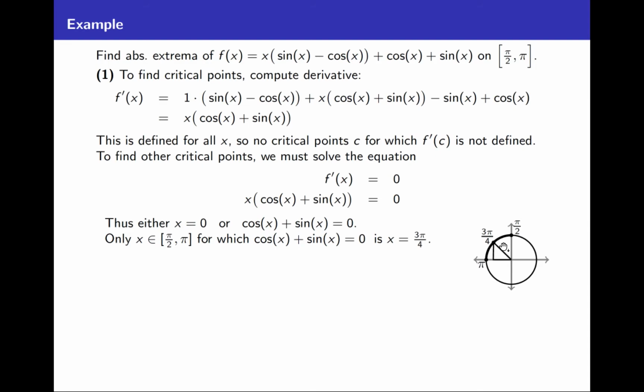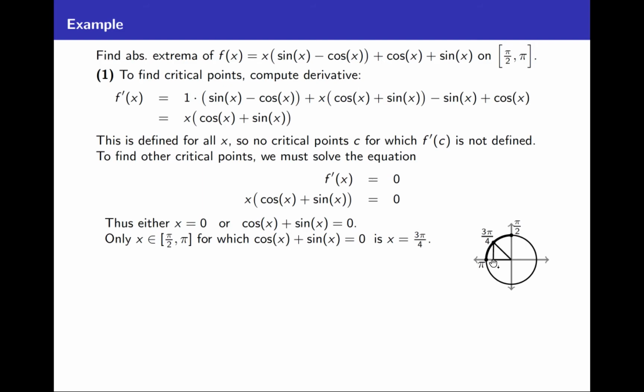x equals 3 pi over 4, which is 3 times 45 degrees, 3 times pi over 4. It's like a 45-45-90 triangle right there, where the two legs of that triangle are equal. The horizontal one is cosine of 3 pi over 4. That's negative square root of 2 over 2.